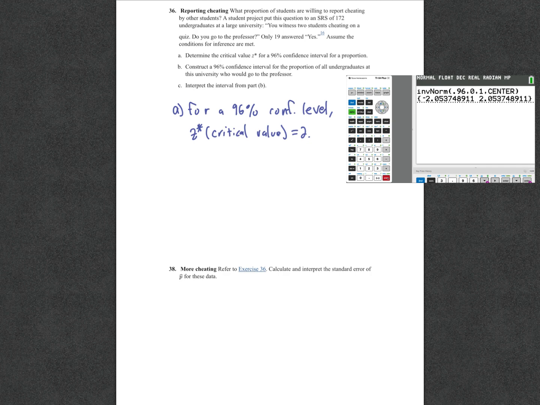And notice it's always the same value here, or it will be the same value if you do the center. But one will be negative and one will be positive, but we'll just use the positive value. 0.05375. Okay, so that's probably good enough.